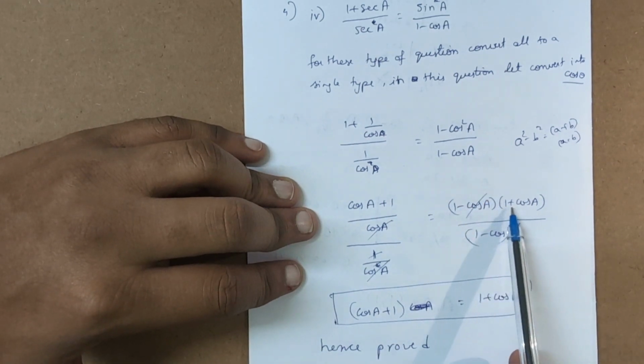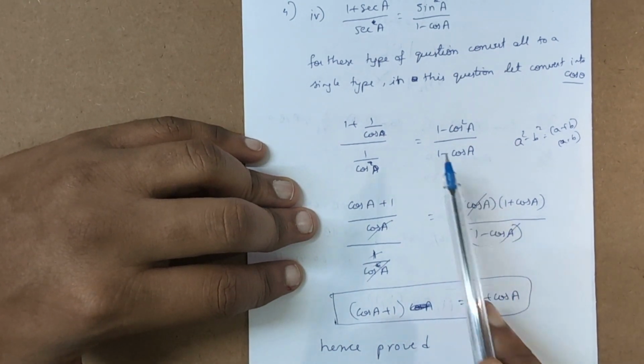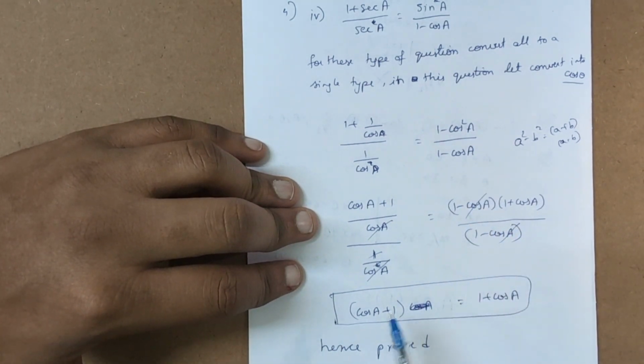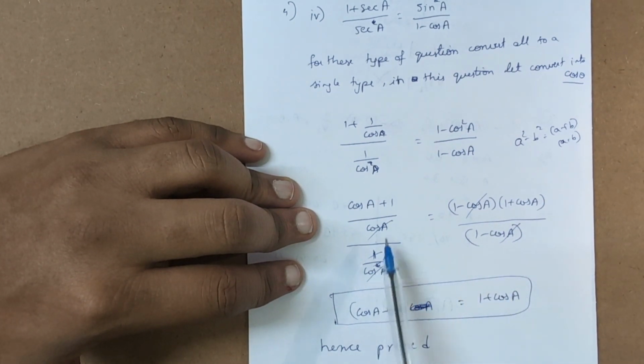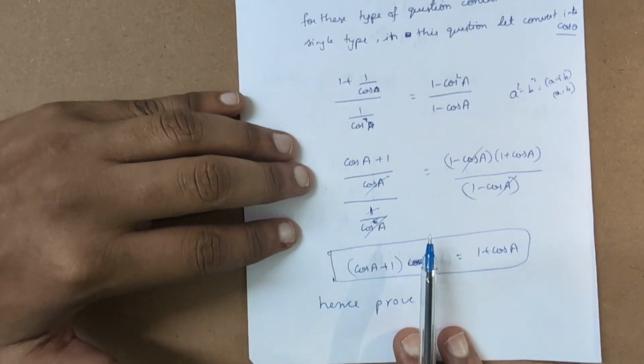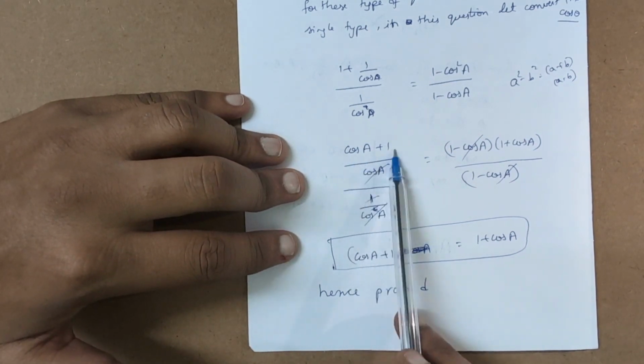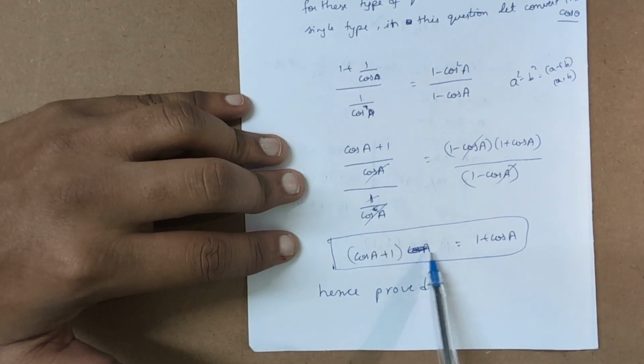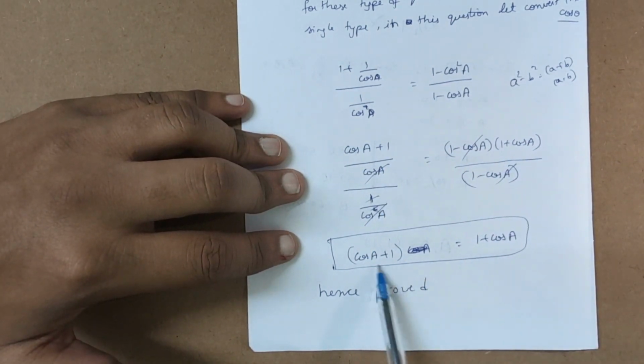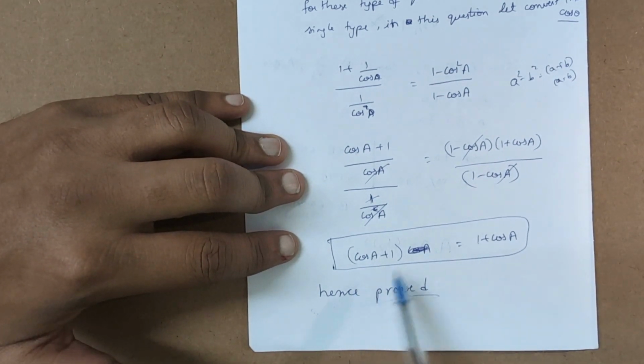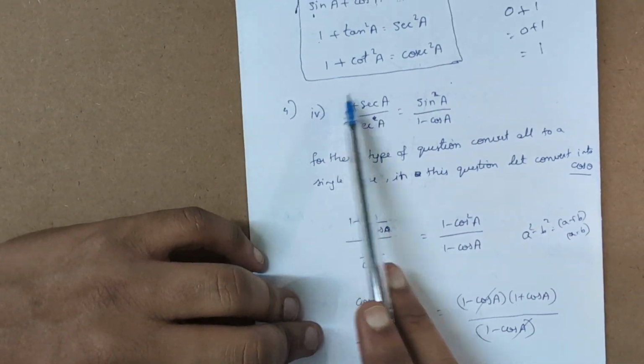So (1 plus cos a) into (1 minus cos a) by (1 minus cos a), cancelling numerator and denominator. Here also same. So this will become 1 plus cos a. So both are same. LHS and RHS are equal, hence proved.